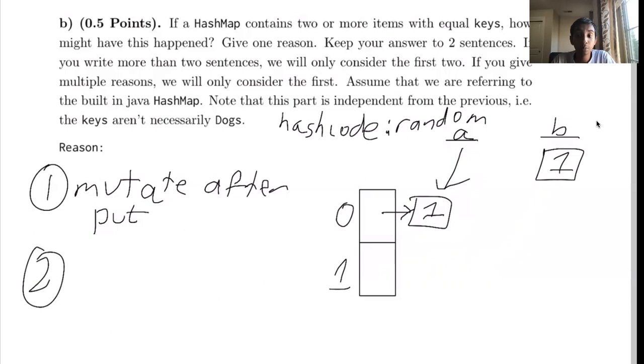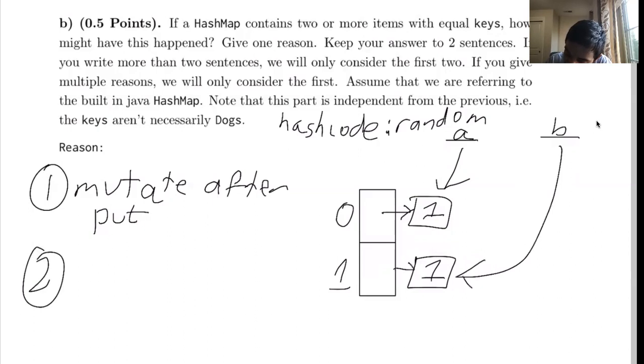But now let's say for B, you then get another random hash code, and that will then return 1 as a hash code. What then happens is that it goes to that appropriate index, which in this case is here. And then you know that B will still point to 1, and then it points right here. And so this is another case when it would not be equal.